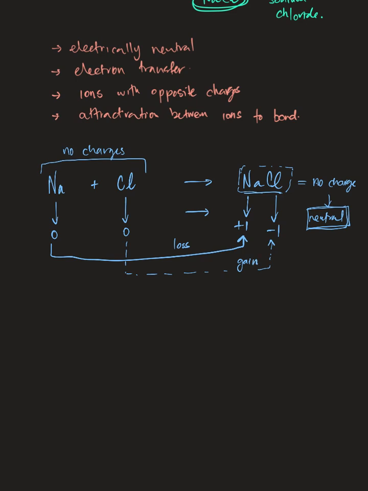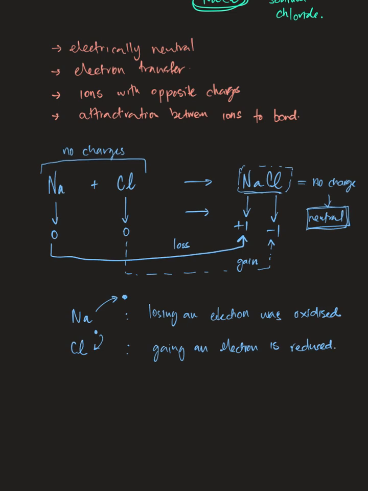So in terms of oxidation and reduction, what Na actually did was it lost an electron. So Na losing an electron was then oxidized, and chlorine, which gained an electron, by gaining an electron, is reduced.